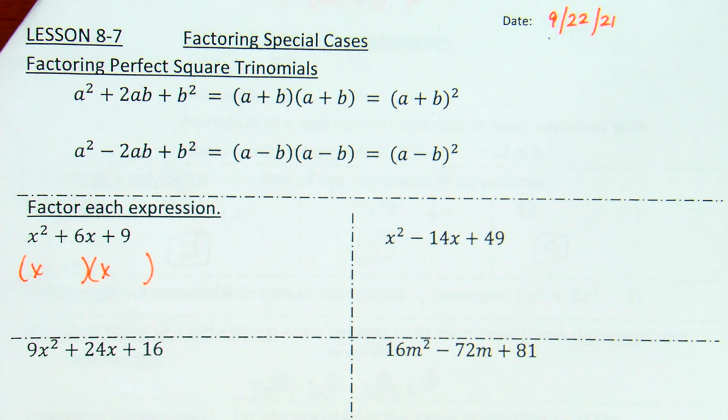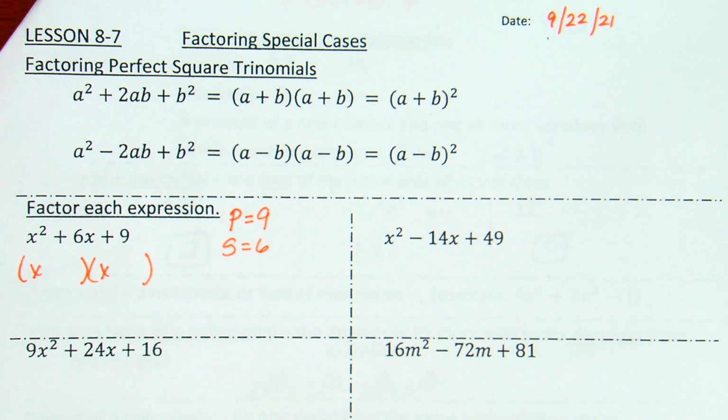Now, how do I figure out the numbers? What do those numbers have to do? It has to multiply to be one, add to be the other. This is where I just tend to write P equals 9, S equals 6.